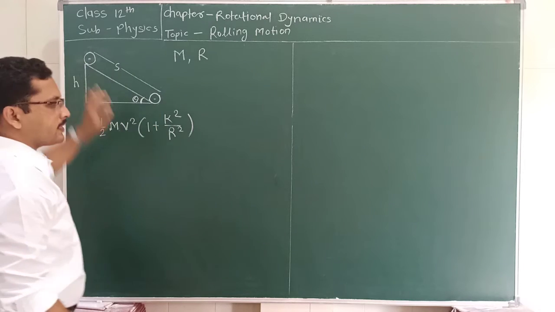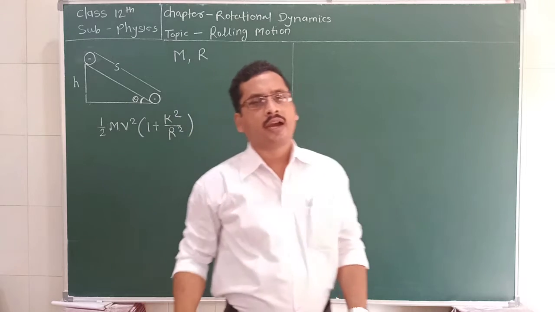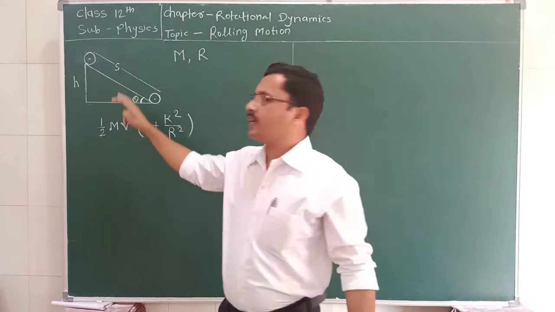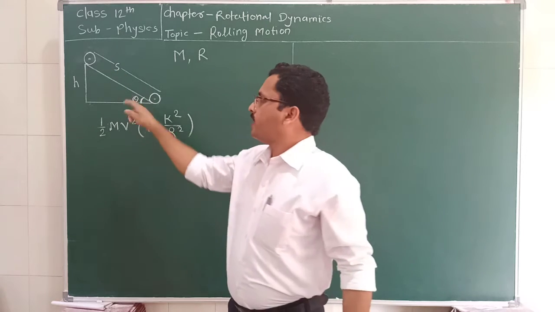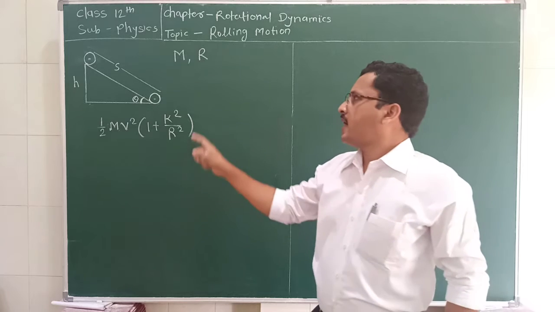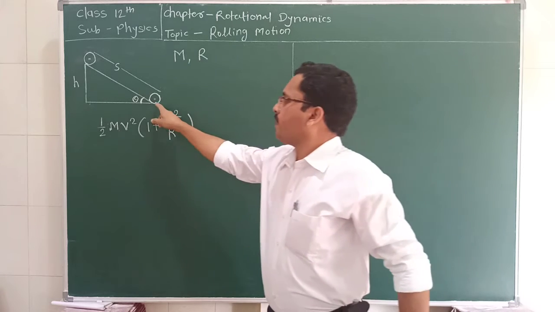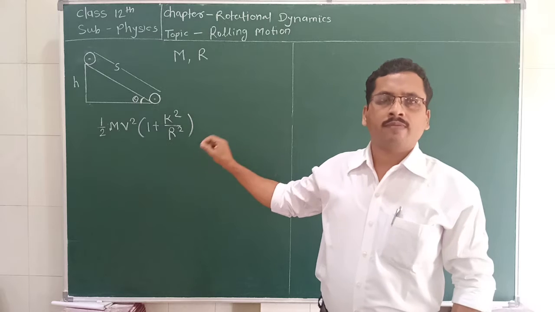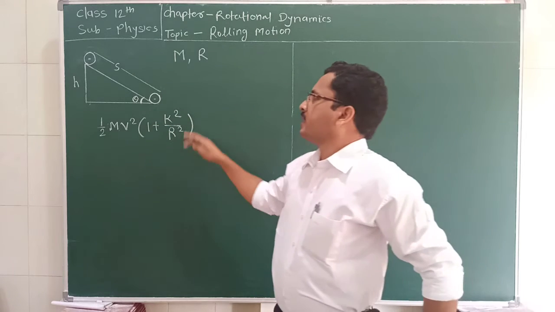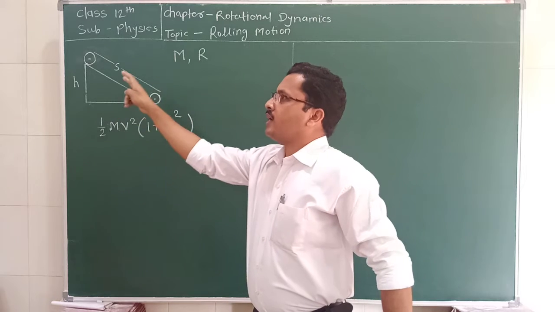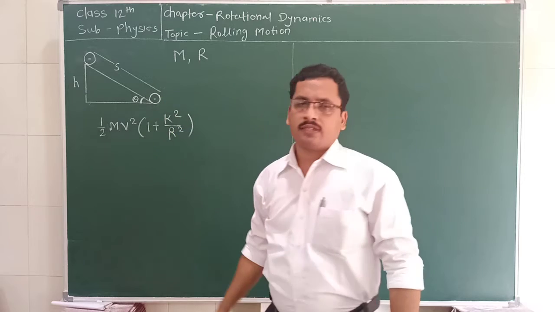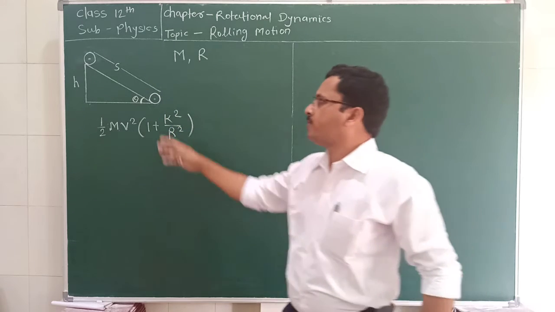Now when this ring is at the top point, the kinetic energy of this ring is equal to 0 because it is at rest. But when it rolls down this inclined surface, its velocity goes on increasing, due to which at the final point at the bottom, the maximum velocity is attained by this ring. Now we can say that when this ring is rolling down the inclined surface, the kinetic energy of the ring increases. But what about the potential energy of this ring?